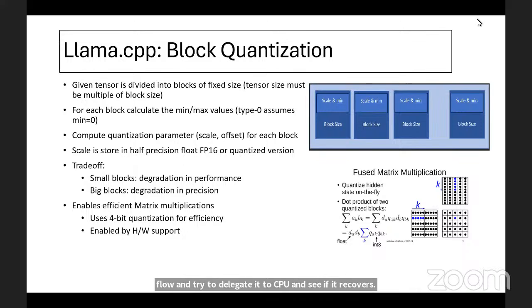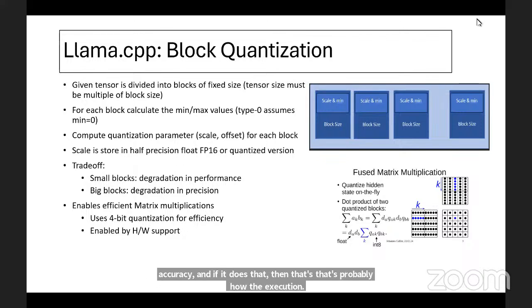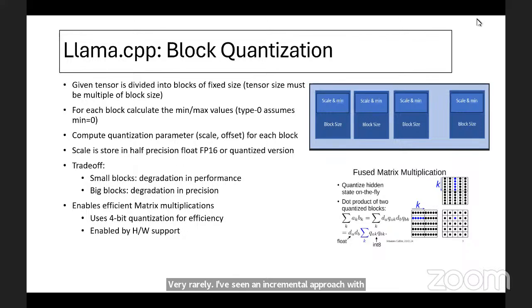And if it does, then that's probably how the execution works. I've very rarely seen an incremental approach, layer to layer, because we don't have enough understanding of the intermediate representation to make sense of whether it's a good quantization. So we rather take the whole model, quantize it, measure the end-to-end metrics, and see what we can improve.